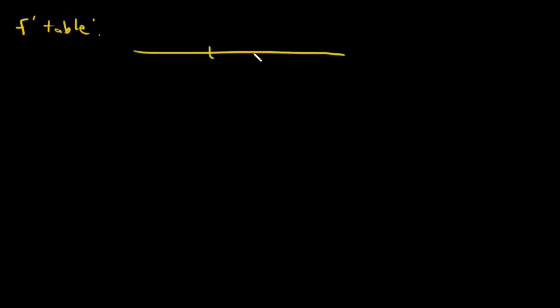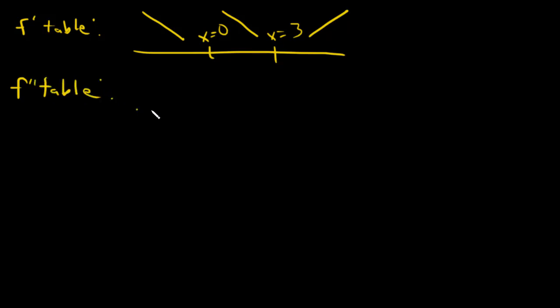I had x equals 0 and x equals 3, and I had down, down, up, and the f double prime table, I had at x equals 0 and x equals 2, which I'll put somewhere around here.